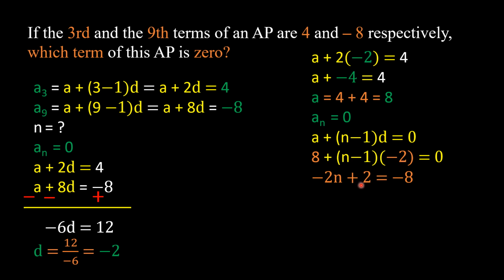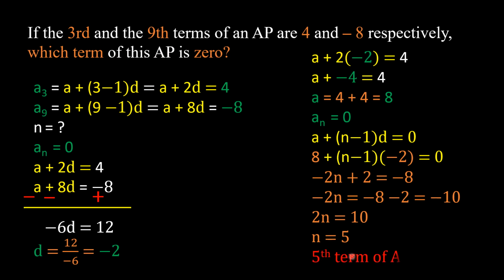We will send this 2 to the right hand side, so it will be minus 2n equals minus 8 minus 2, which will be minus 10. So 2n will be 10 and n will be 5. So we can say that the fifth term of this AP will be 0.